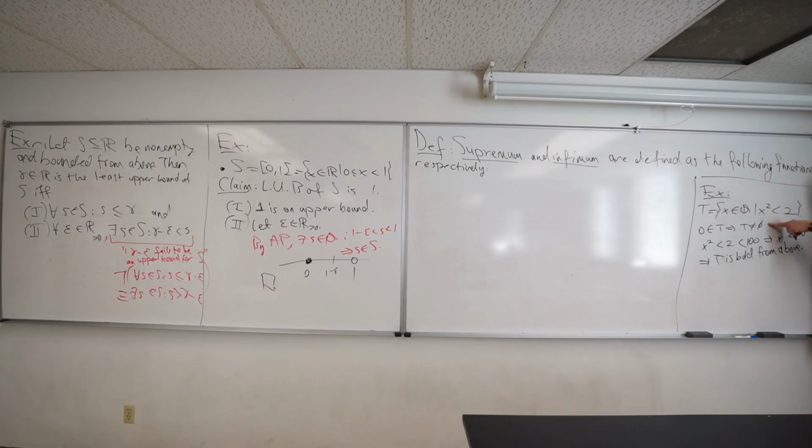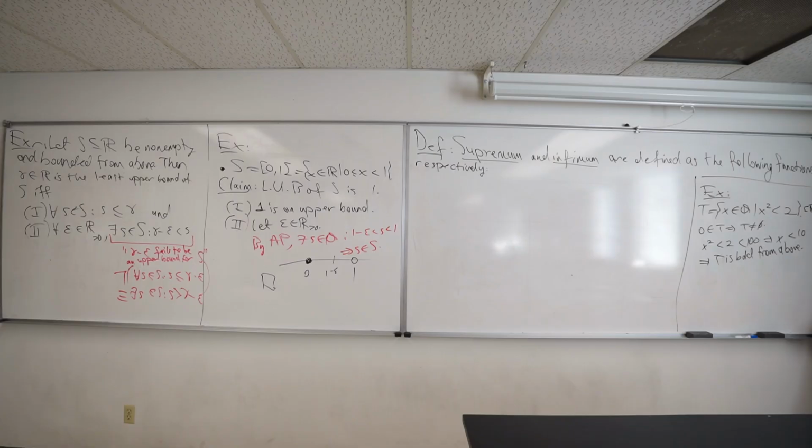It's non-empty, it's bounded from above, and it's a set of real numbers, because any rational number is a real number. Okay? By the completeness axiom, I am guaranteed that this specific set has a least upper bound.